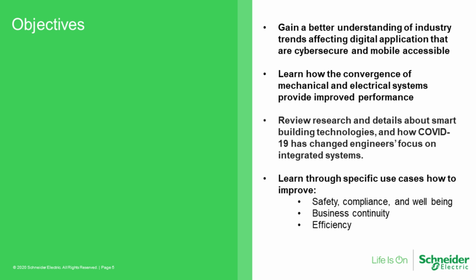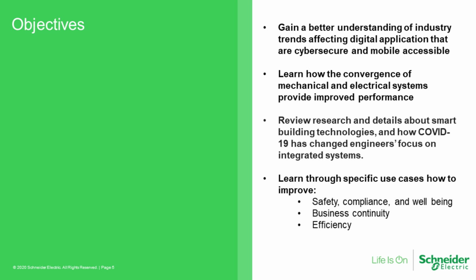The objectives of today's webinar are to help you gain a better understanding of the industry trends affecting digital application across cyber secure and mobile accessible solutions. You're going to learn more about how the convergence of mechanical and electrical systems provides increased, improved performance.